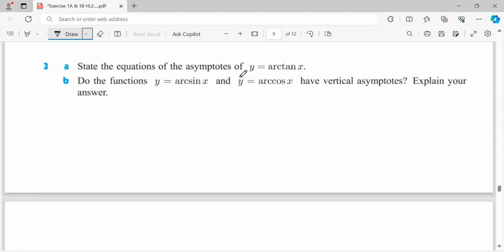State the equations of the asymptotes of y equals arctangent x.